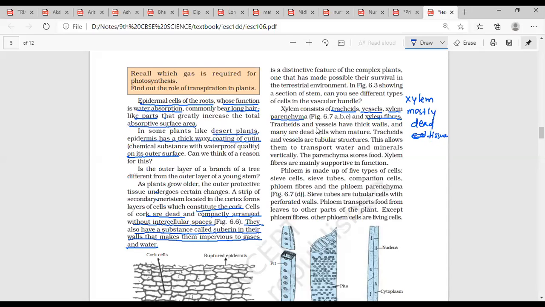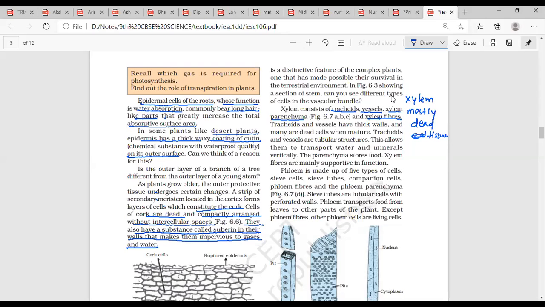Okay. Tracheids and vessels. Generally, non-flowering plants, the plants which do not bear flowers, that means their reproduction does not take place by the sexual method, all those plants have tracheids as the vascular tissue for conduction. They have tracheids, they do not have vessels. But flowering plants have vessels for conduction of water and minerals.